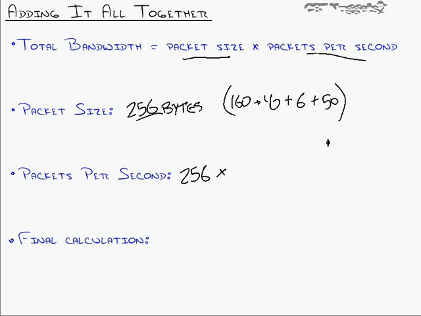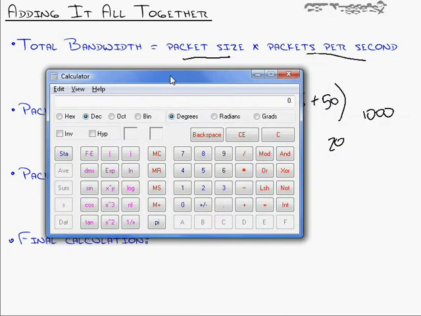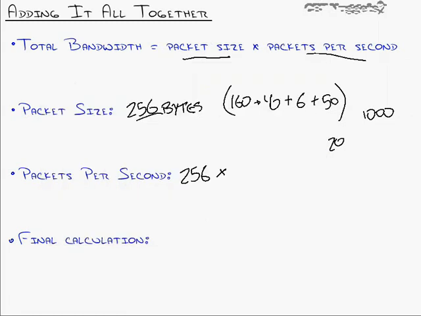So 20 milliseconds per packet. We know there are 1,000 milliseconds in a second. That's the definition of a millisecond. So 1,000 milliseconds divided by 20 milliseconds per packet tells us that 50 packets per second have to be sent in order to give us a second of audio.